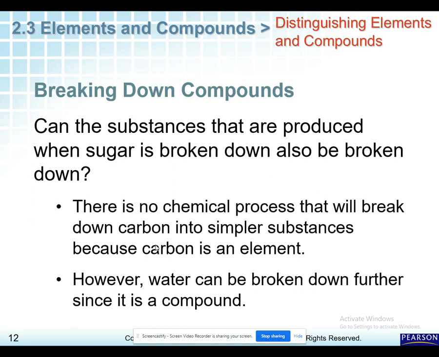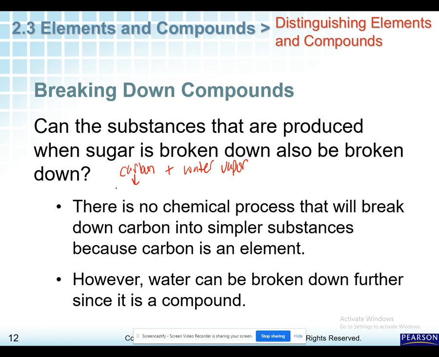So here is a slide that kind of breaks down some of the topics we've been covering. It says, can the substances that are produced when sugar is broken down also be broken down? So sugar, we saw that it breaks down into carbon and water vapor. So we have to actually look at these two things. Well, can carbon be broken down? Here we're going to see that it says no. We cannot break down carbon, and that is because carbon is an element.